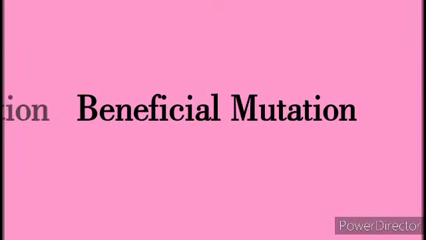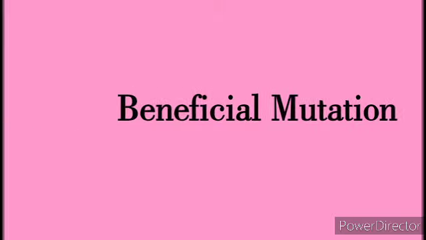There are categories of mutation. First is the beneficial mutation. It benefits the organism. It enables the organisms to survive in an environment, whereas those organisms without the mutation would die. It also enables organisms to be resistant to a particular antibiotic.